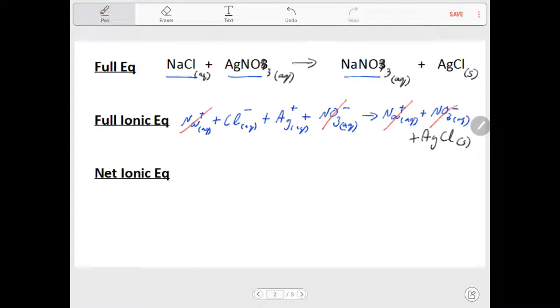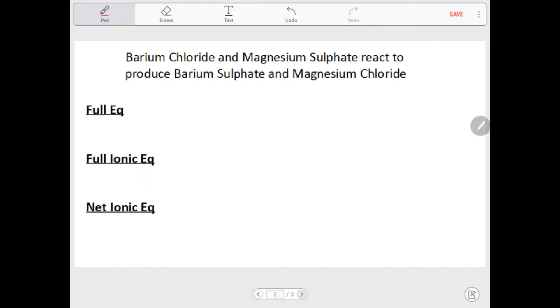So the net ionic equation is that chlorine and silver form silver chloride. Okay, now go ahead and try some of these other ones, or this last one.